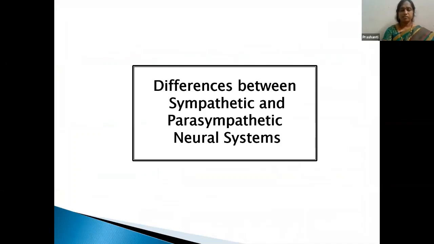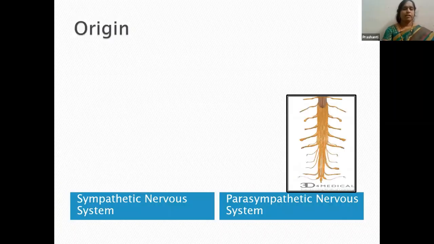Then what are the differences between sympathetic and parasympathetic? Let's see one after the other, children, starting with the origin. Where does the parasympathetic originate? It originates from the cranial region and also the sacral region, so it is called craniosacral.